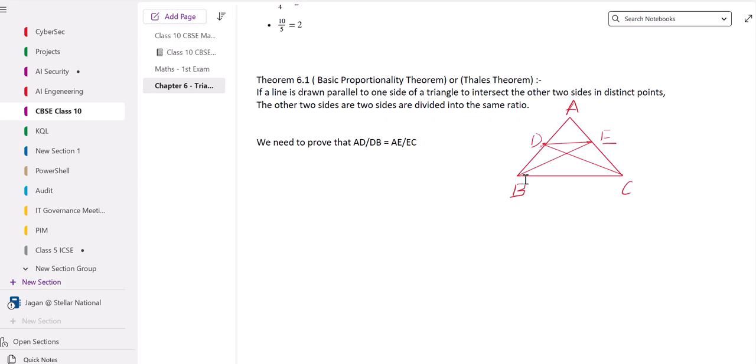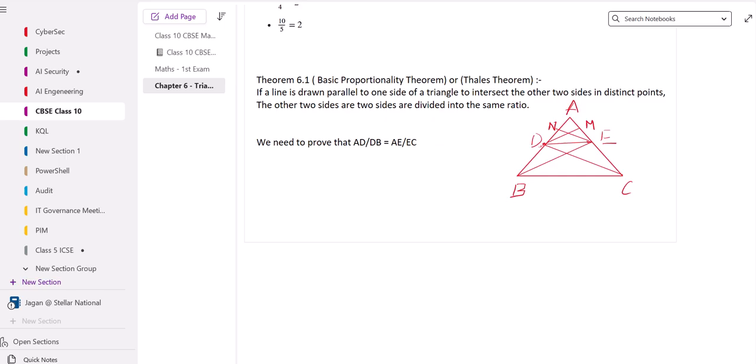So now I have written BE and CD, and also draw one line DM perpendicular to AC and EN perpendicular to AB. Let's draw it. So EN perpendicular to AB is drawn, DM perpendicular to AC is drawn.